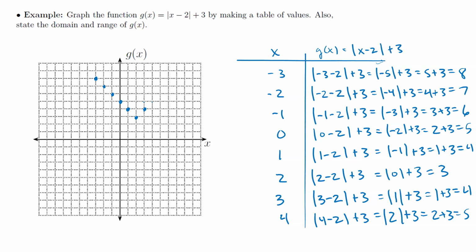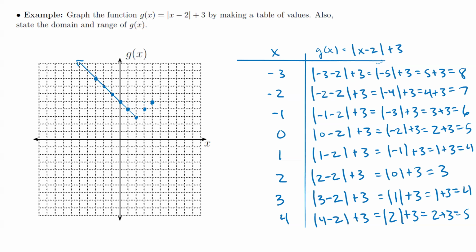Let me get 5. Okay, I think that's enough. Now I've found the corner of the V there. So now I know it's going to look like this.